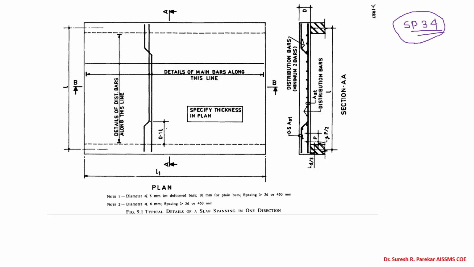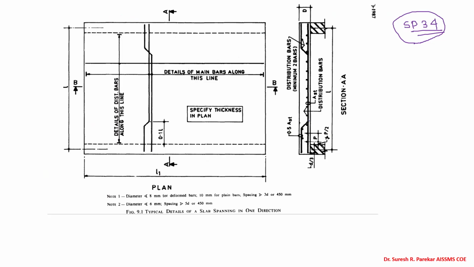And then you can see we have this value where we are going to bend. When we have a discontinuous support, if you remember, then we have that at 0.1 L. So you can see here, from here, this will be 0.5 AST.